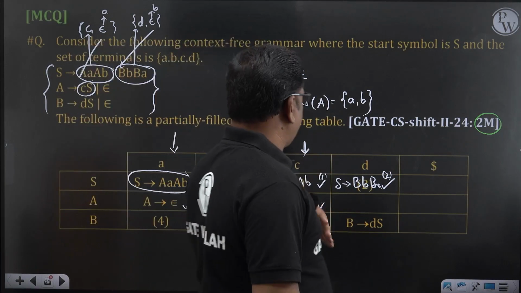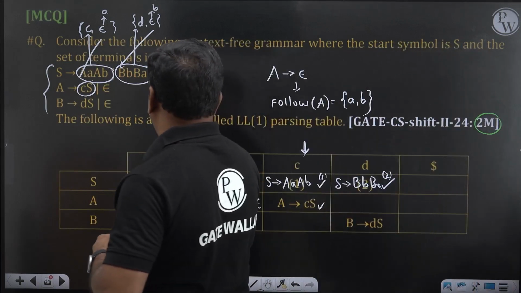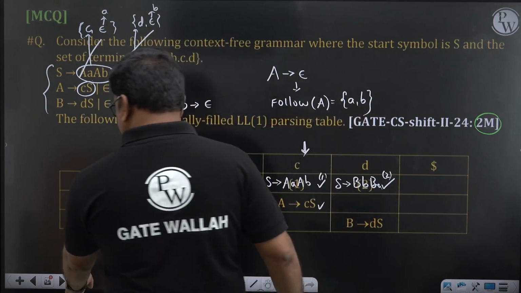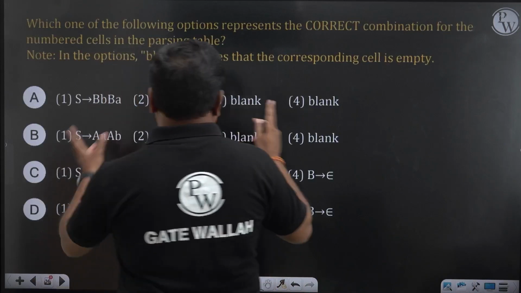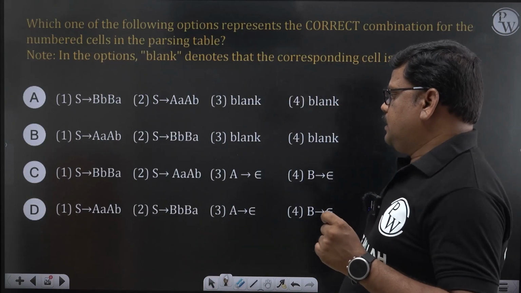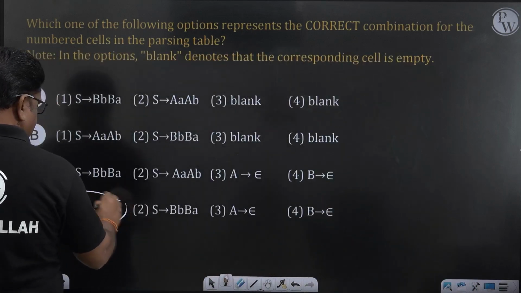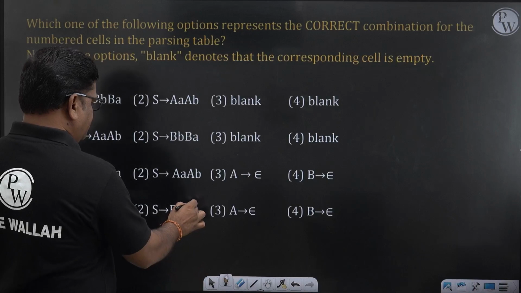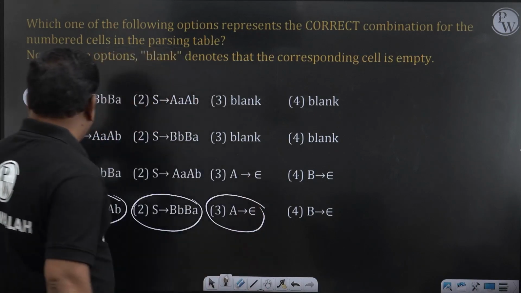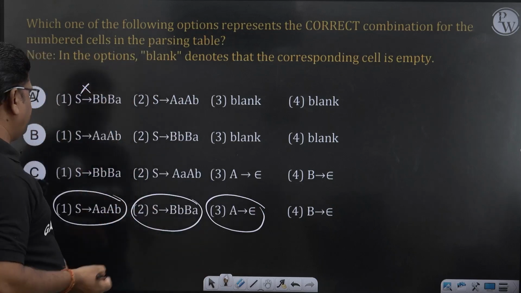Similarly, you can place B productions. B gives epsilon also based on follow of B. Like this, if you match with the given options, what is the first option? The first one is nothing but this production, the second one is this production, the third rule is A gives A. So this is false, clearly eliminate it.